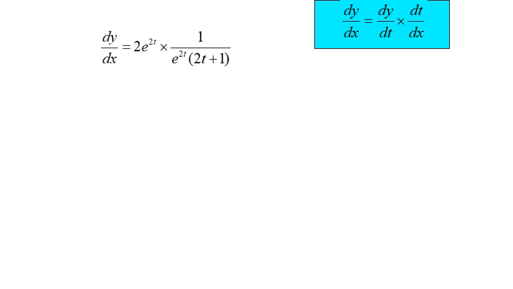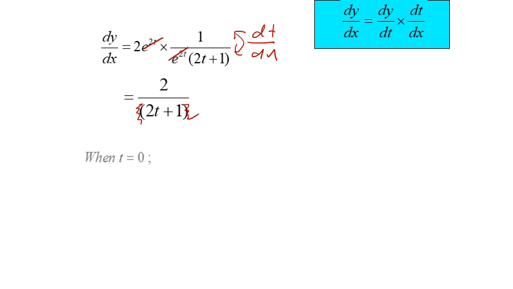So don't forget this dt/dx, that is we switch places between numerator and denominator from dx/dt. As you can see here, we can cancel out the exponent. So at the end, we got 2 over 2t plus 1. Since we no longer have an exponent, we don't need to put a bracket below here. So just 2 over 2t plus 1.